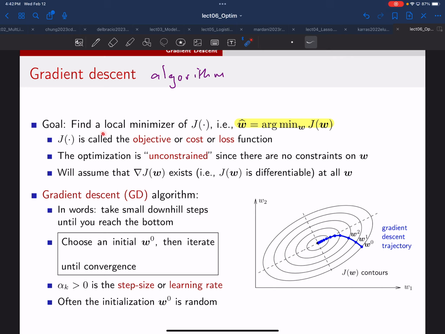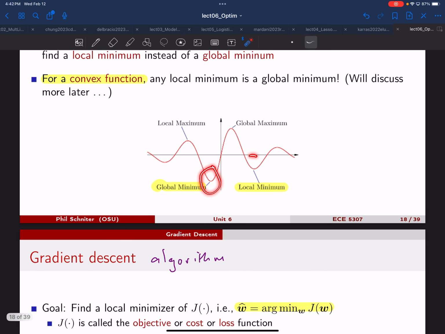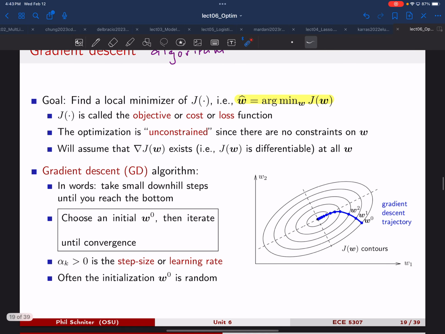And for the moment, we are just going to have to settle for a local minimum. In other words, if there's global and local, this gradient descent procedure may converge to a local minima. There's no way to guarantee that it's going to converge to global if the function is not convex. Okay, so this is what we want to do, is we want to find a local minimizer of this function. This function we'll often refer to as the loss or the cost or the objective.